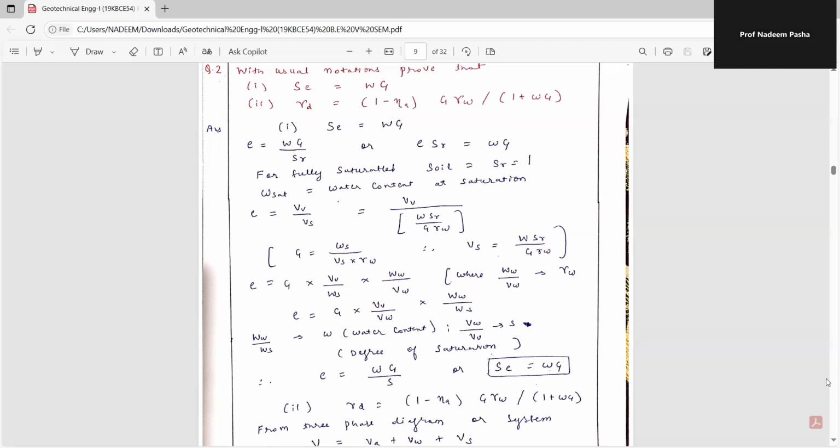But for fully saturated soil, Sr, the degree of saturation, is 1, that is 100%. So e is nothing but Vv by Vs. So in place of Vs, what can you write?